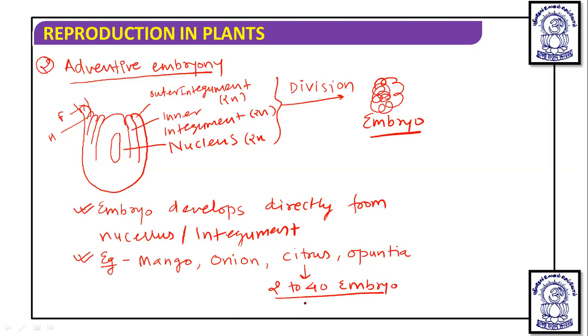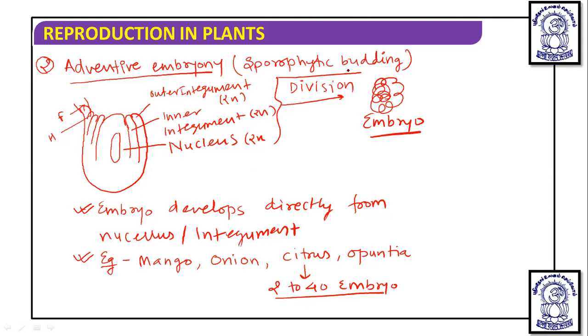So it is an example of polyembryony as well. And this adventive embryony, dear students, is also known as sporophytic budding. Okay, so this is the part of adventive embryony.